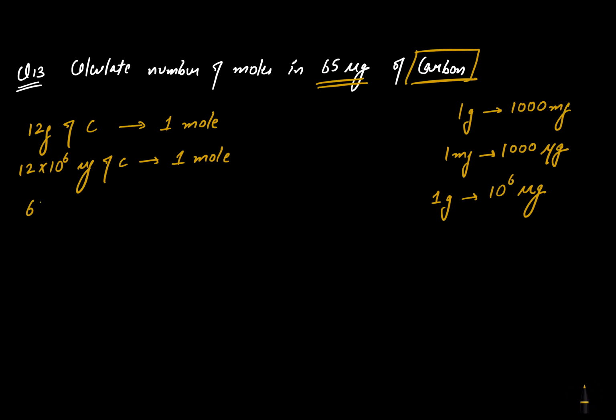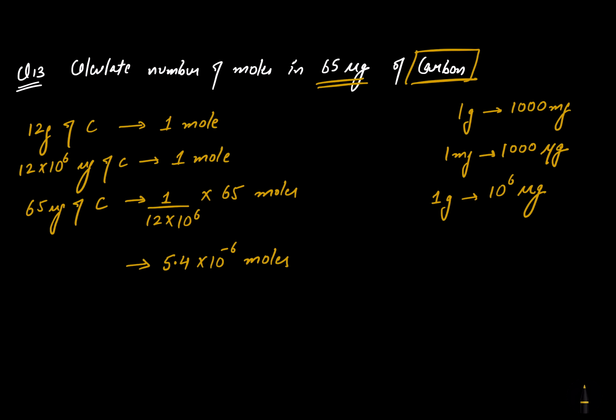Then 65 micrograms of carbon will make up 1 divided by 12 into 10 to the power 6 into 65 moles, and my final answer comes out to be 5.4 into 10 to the power minus 6 moles.